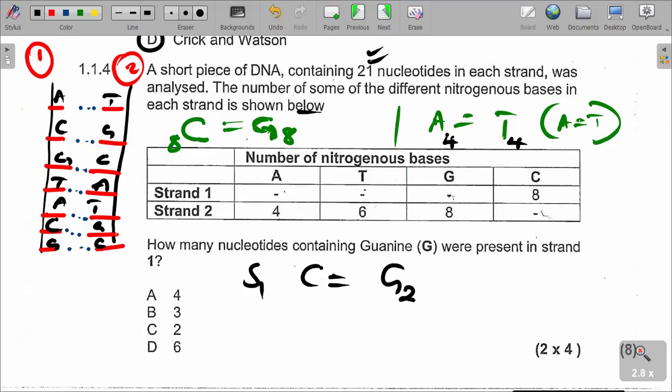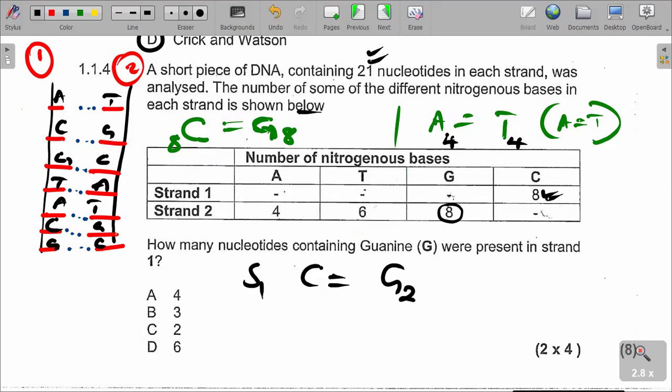Let's say strand 1 has cytosine bases 80, it therefore means we have G in the other strand, strand 2.